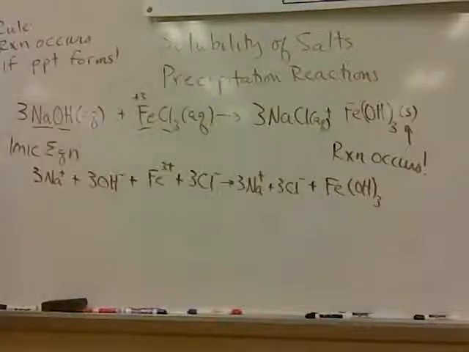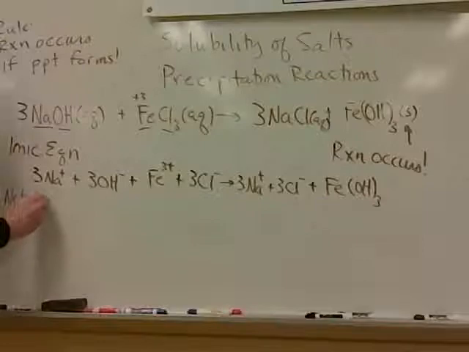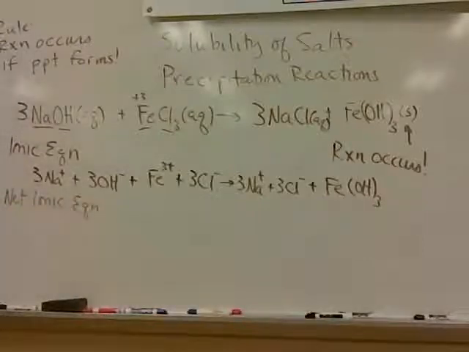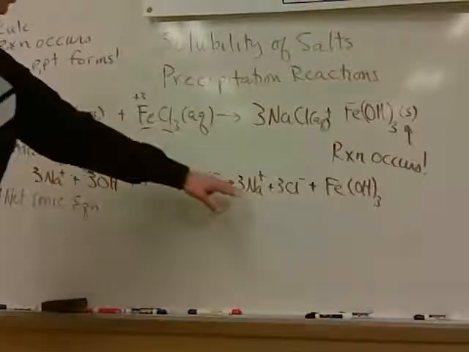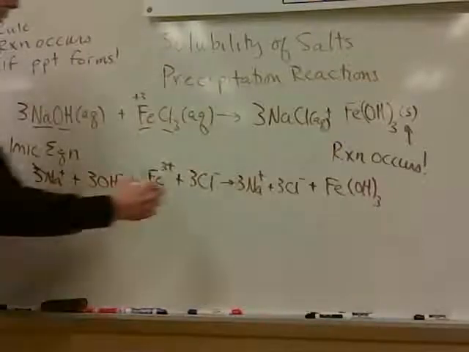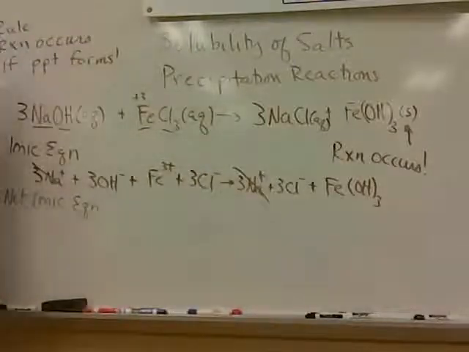The last thing that we do is we write the net ionic equation. In the net ionic equation, we look for the same ions on both sides of the arrow. So I see I have 3 sodiums, so I can cancel those out.